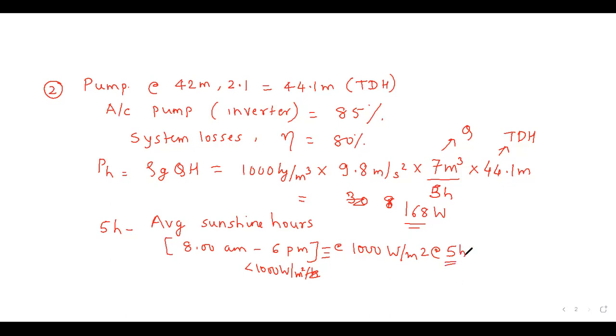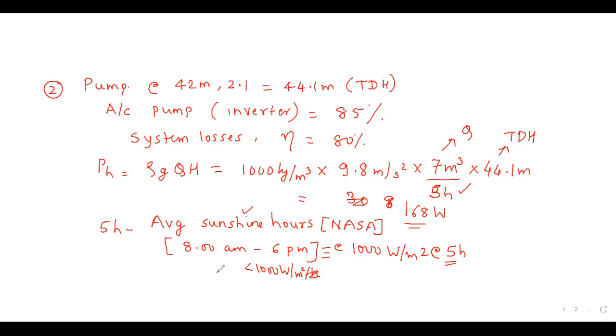This we need to get from the climate data. There is also a NASA website on which average sunshine hours can be obtained, or you can measure the sunshine at your place. From this data, we can now go for sizing.